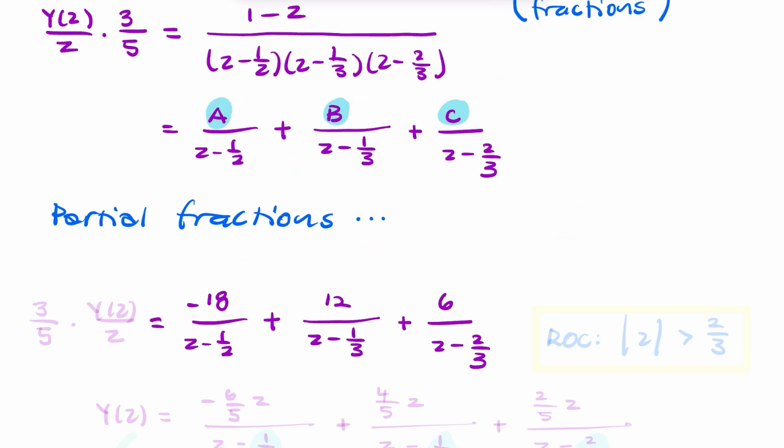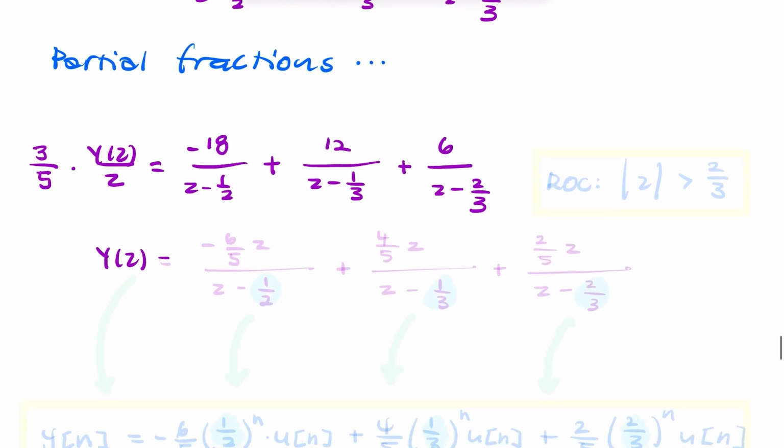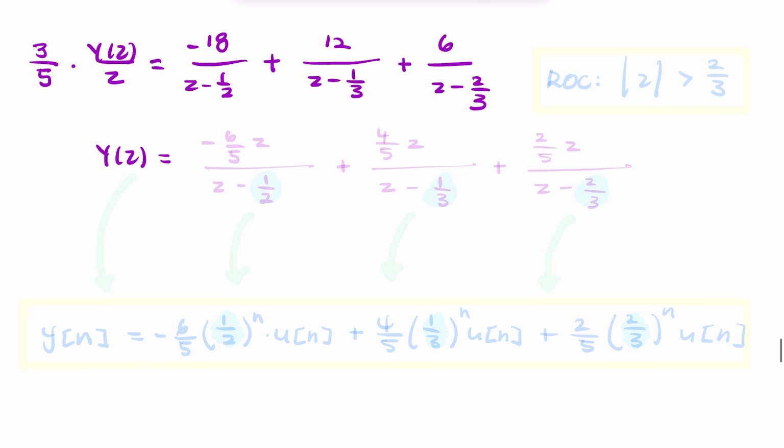So because that's 3/5 times y of z over z, we can write y of z equals, and then we multiply each of these by 5/3.